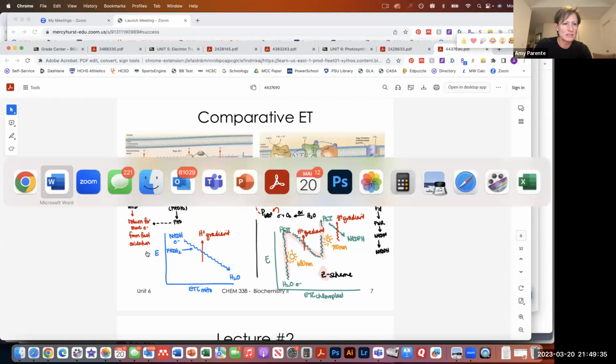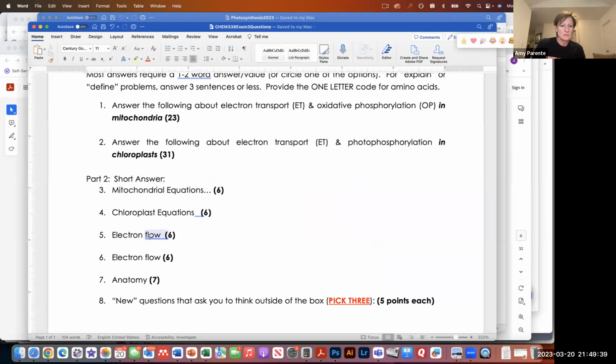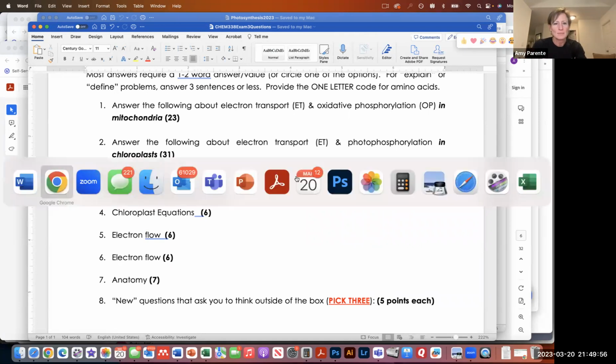If I'm coming back over here, there's two questions for electron flow. One's for mitochondria, one's for chloroplasts. So be able to diagram and show me that you know the pathway for electrons that are flowing. And then the important equations that happen in chloroplasts and mitochondria.